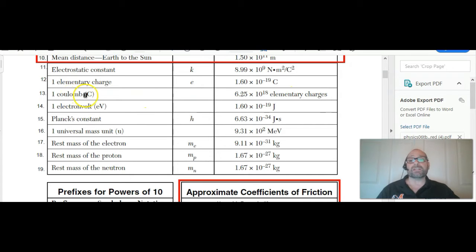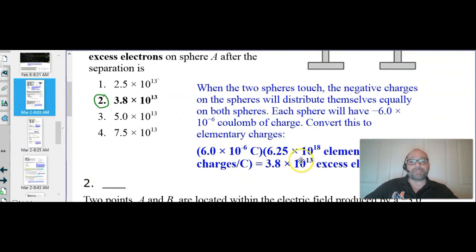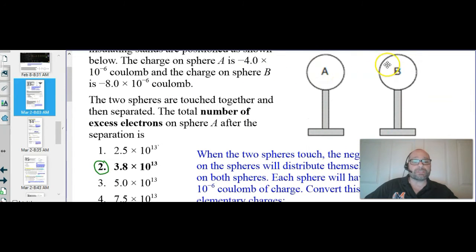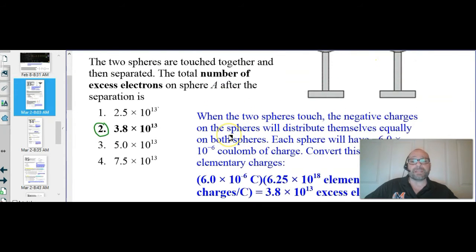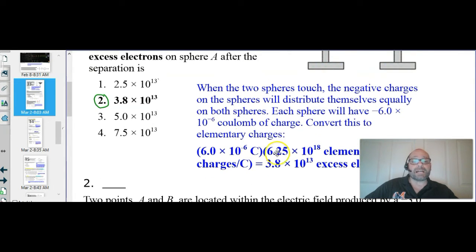Or, in reverse, so many coulombs has how many pennies or electron charges contained within it. And in this case, when the spheres touch, first they share all their electrons back and forth, and then the average number times the elementary charge ratio gives you the number of excess elementary charges.